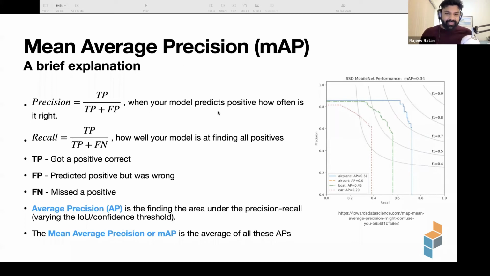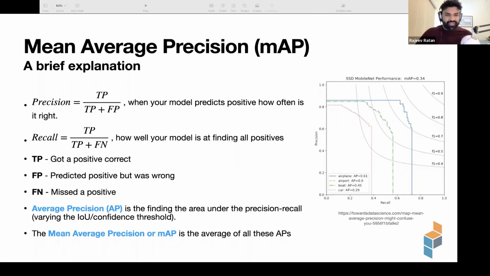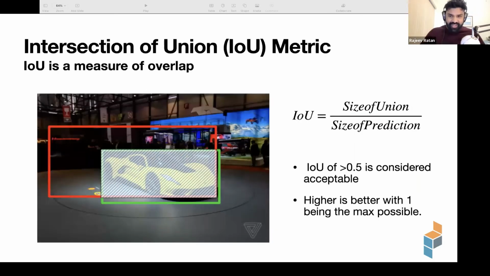So if a model is predicting a box like this here, let's assume it's a bit closer to the ground truth box, how often is it right is a measure of precision. And we determine that rightness by whatever we set our IOU threshold to be. So let's say we set it at 0.5. So anything above 0.5 would be considered correct.